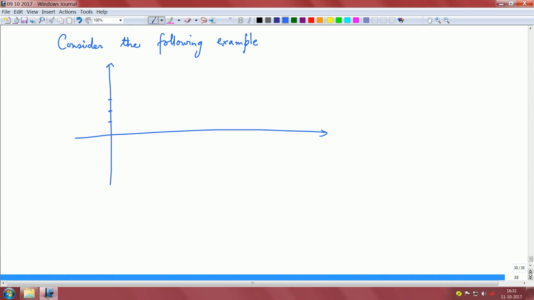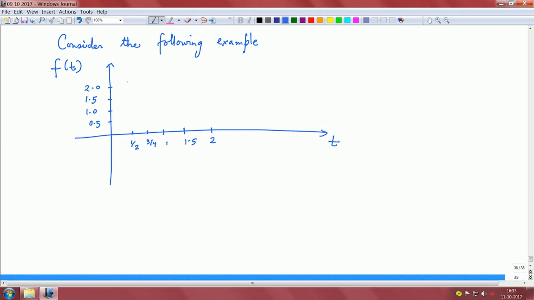Here I have half, this is 1, this is 3/4, then there is 1.5, this is 2. T here, some f of t.